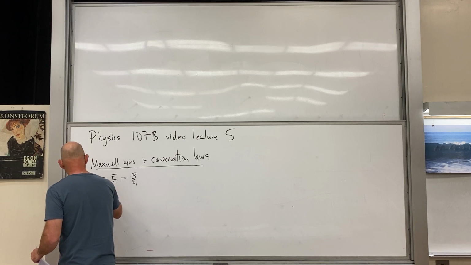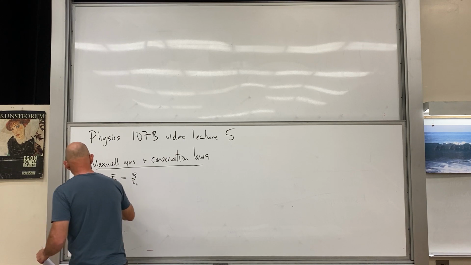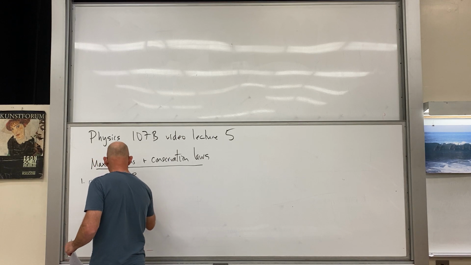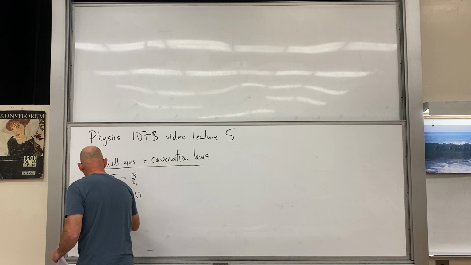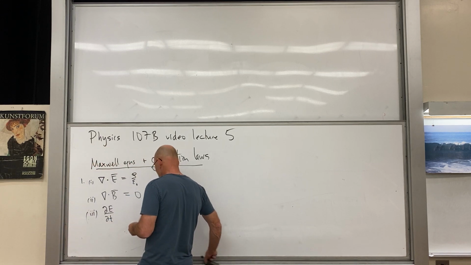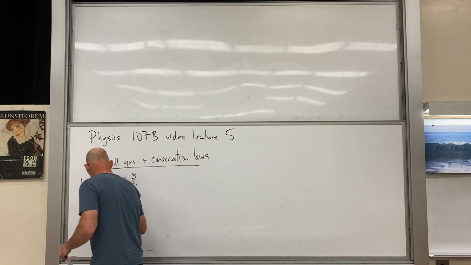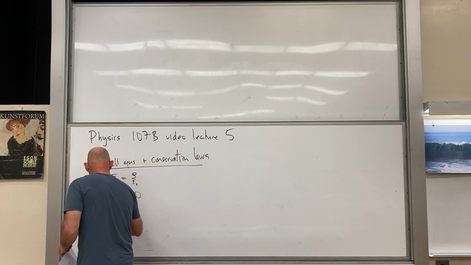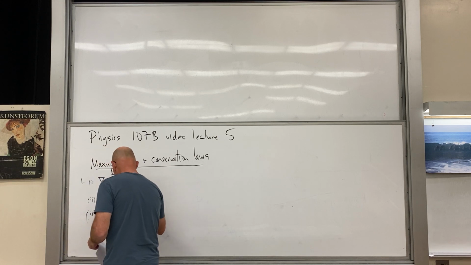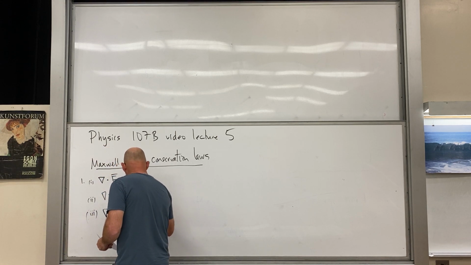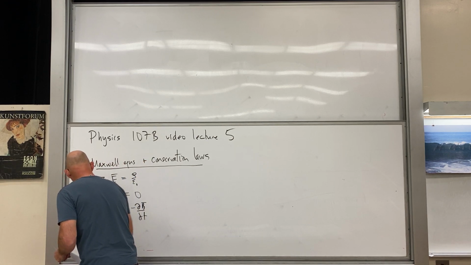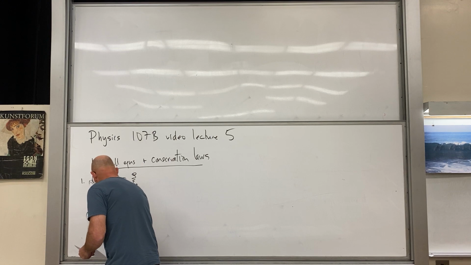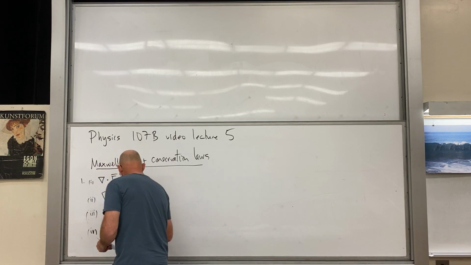Second, divergence of the magnetic field vanishes, and we have Faraday's equation, curl of E equals minus dB dt, and then the Ampere-Maxwell law, curl of the magnetic field.